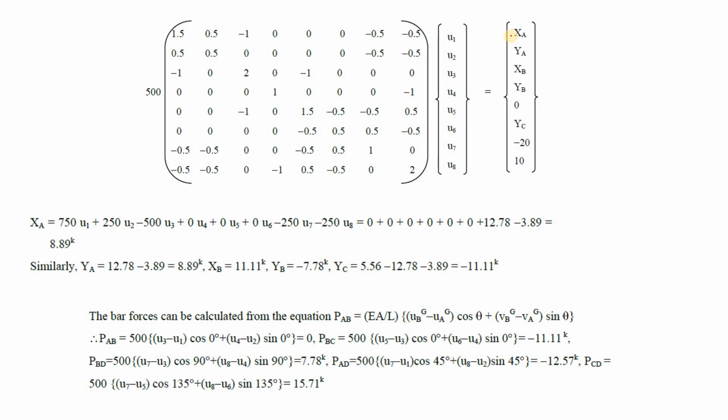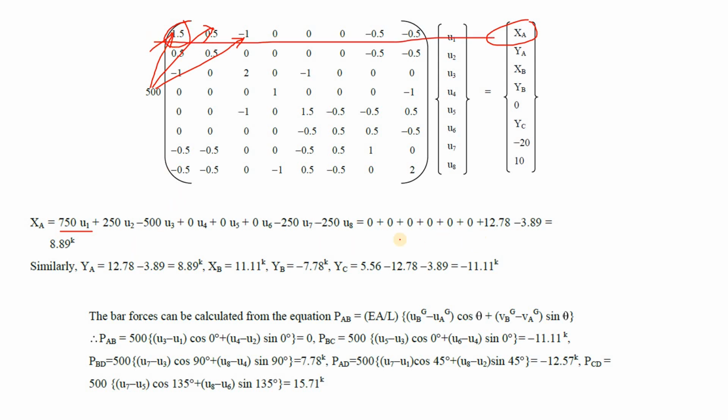For the XA calculation, you can see that 500 into 1.5, we have 700 U1 plus, similarly we have 250 U2, then minus 500 U3 plus 0 U4 plus 0 U5 plus 0 U6 minus 250 U7 minus 250 U8. And if we calculate all of these, these are the multiplications of 500 into 1.5, 500 into 0.5, 500 into minus 1. These are the U1, U2, U3 values for the XA.